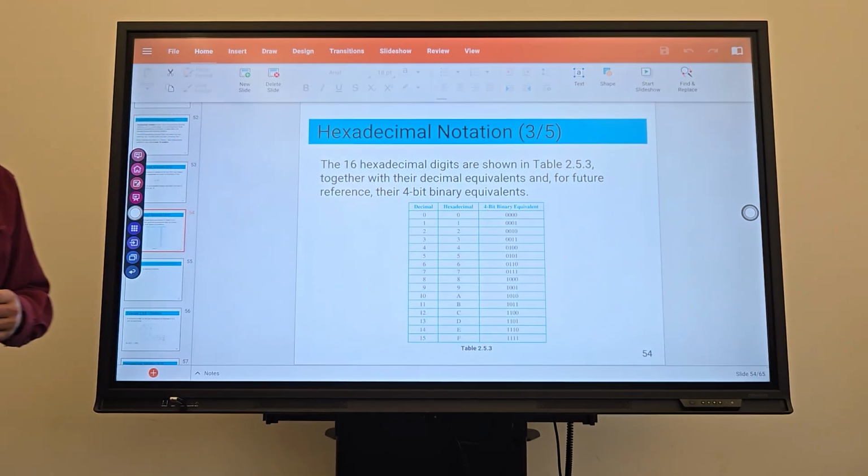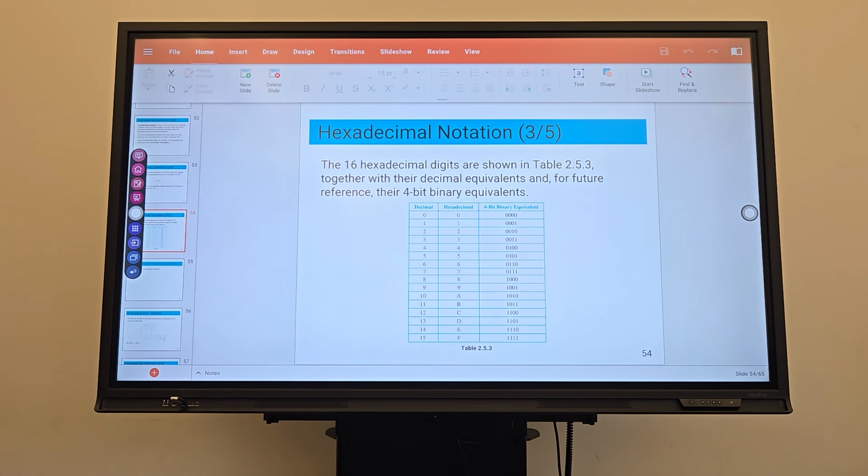So the 64-bit numbers that the modern computer can handle, if you try to write those numbers out 64 places, that's the width of a page for one number.